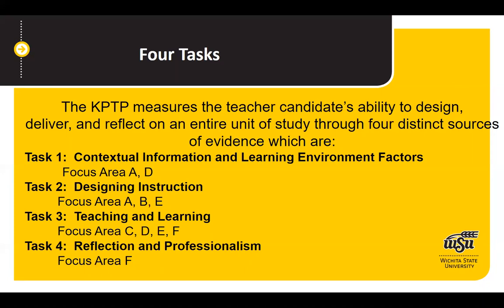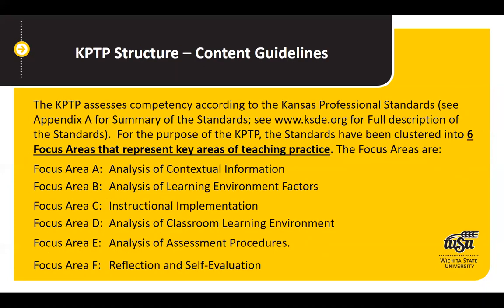Now, each of these 4 tasks is focused on specific focus areas. So for instance, with task 1, you're going to be looking at focus areas A and D. So this means that you're going to be looking at analyzing the contextual information as well as your classroom environment as you plan that instruction.